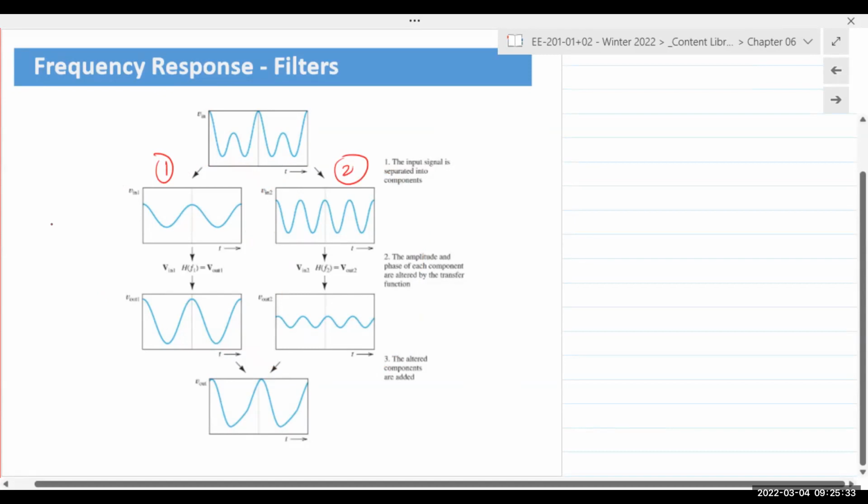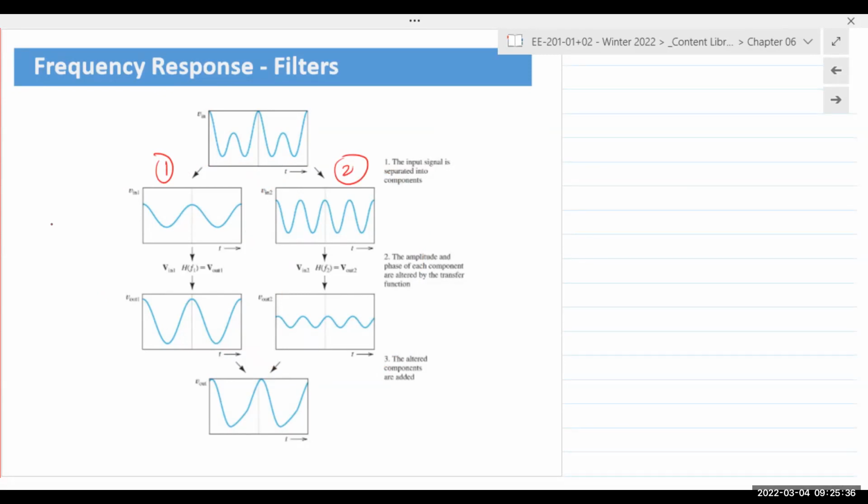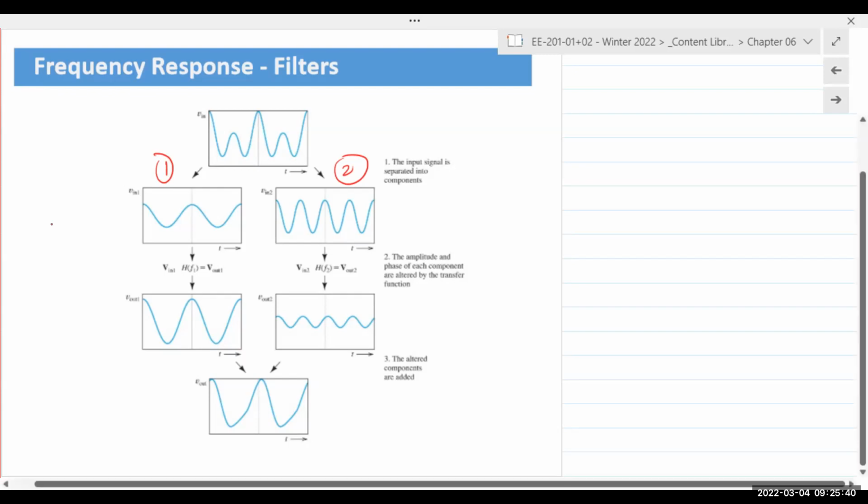Then, depending on the function of that filter, one signal is either blocked and the other allowed to pass through. If you look on the left, signal one has become larger in magnitude, so some gain was applied to that component, whereas signal two on the right is now smaller.